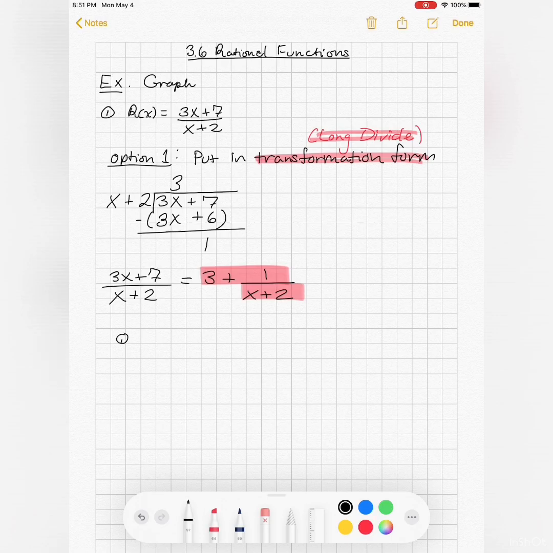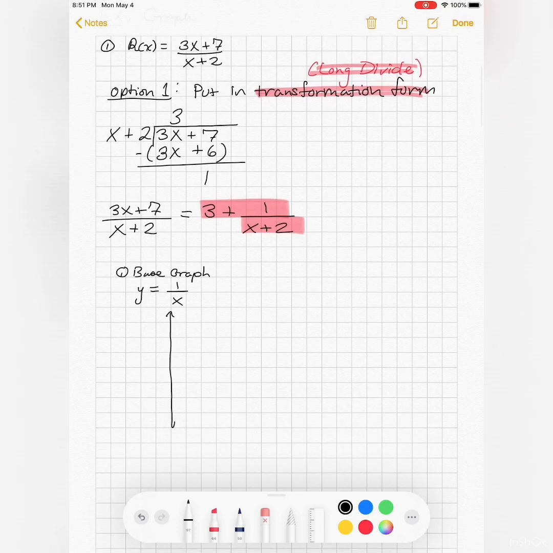My step 1 would be the base graph, which is 1 over x. It's that reciprocal function, one of our library functions. If I plug 1 in there, I get 1. Put 2 in there, I get a half. Put a half in there, I get 2. This function is symmetric over the origin.